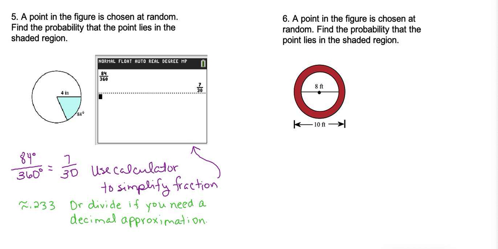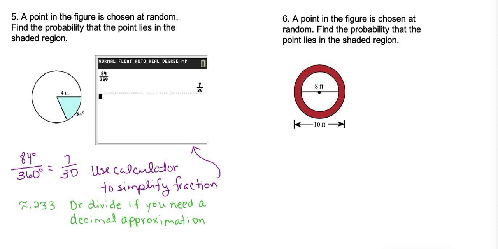Now, if you want this in a simplified fraction, just put this in your calculator, and I have that modeled for us. Here's a picture of my screen on my calculator. Remember, it's alpha y equals, and that's our shortcut menu, the F1 menu, and then just choose enter because the very first one is the fraction. And when you put in 84 over 360, it'll simplify that to 7 over 30.